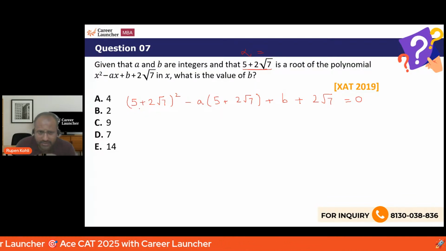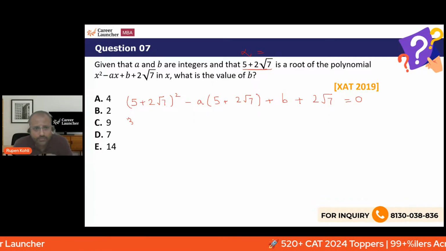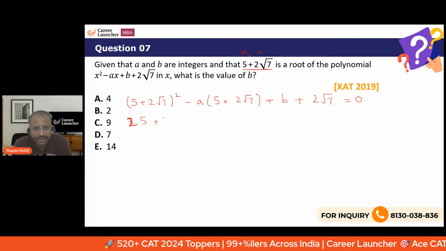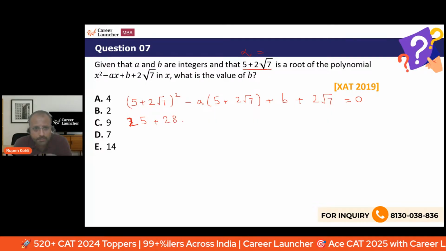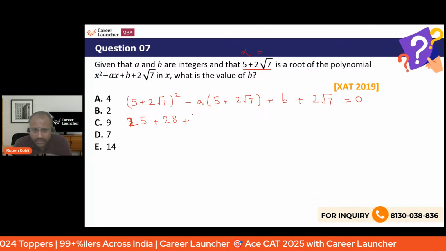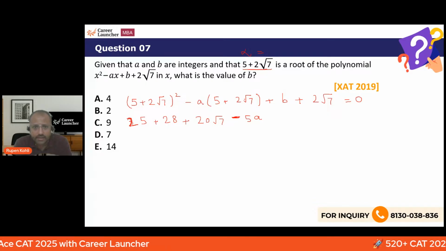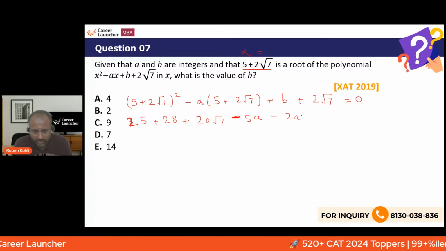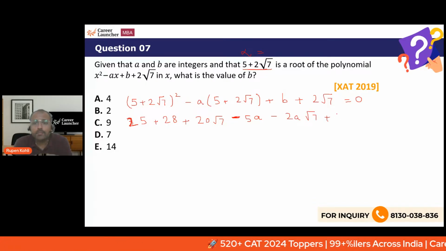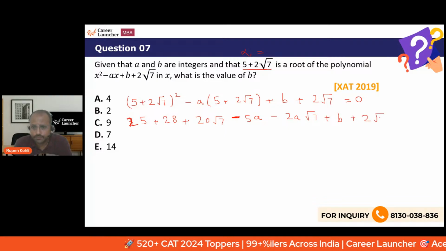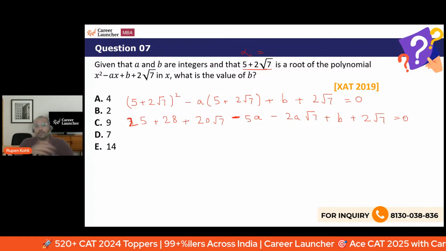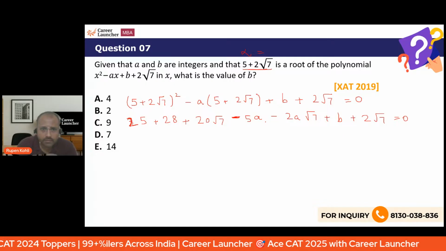Let's simplify. Let's expand everything and let's see what we have. 5 squared 25, plus 4 into 7 28, 2 root 7 whole square, plus 2 into 5 10 into 2 20 into root 7. So 20 root 7 minus 5a minus 2a root 7 plus b plus 2 root 7 is 0. Collect all the terms.